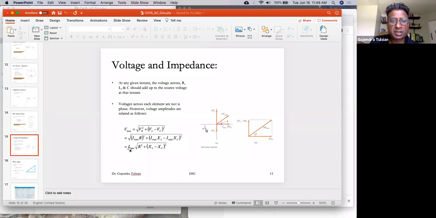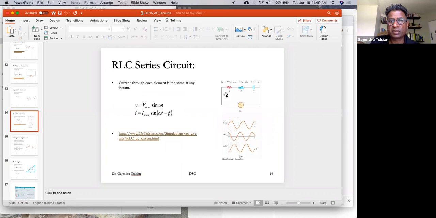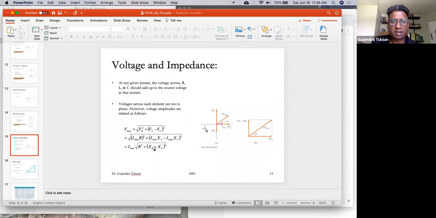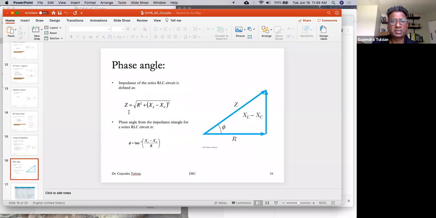So V max is I max times Z. So there is Z. So what we are saying is that for this circuit, the impedance of this circuit is the square root of R squared plus (XL minus XC) squared.